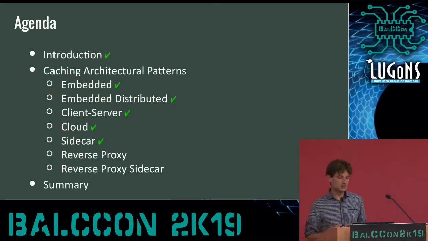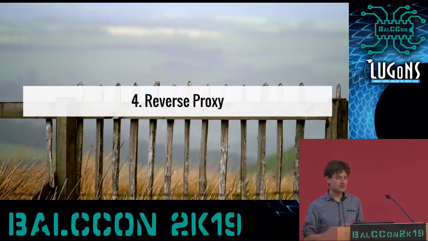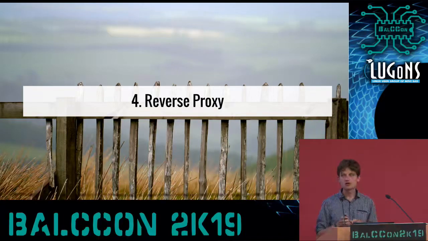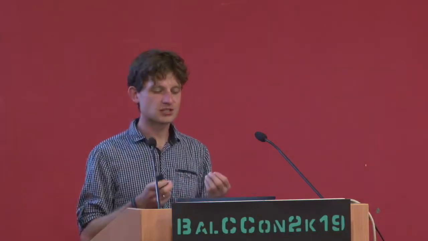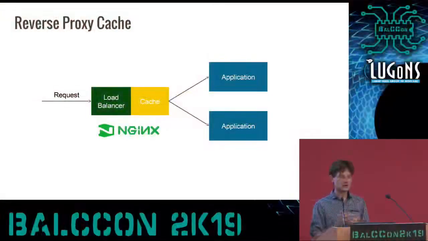The next pattern, and the last one, is something completely different. Because so far, it was always the application that decided if a value should be cached or not. This time it will be different. We will put the cache before the application. So the application does not even know about caching.